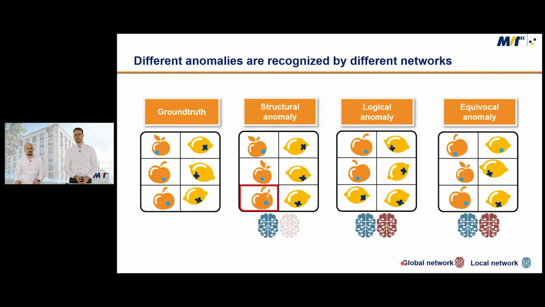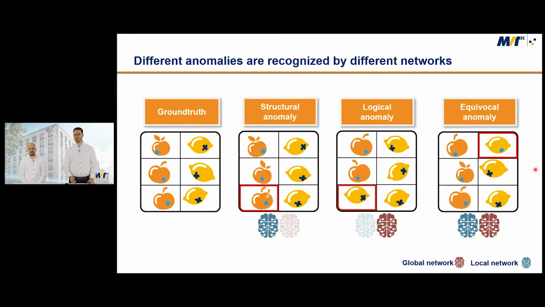If you have logical anomalies, like this lemon on the lower left here, probably the global network would react to this and define this as anomaly. And if you have the equivocal anomalies, like the lemon on the upper right here, which has a wrong label, which is a little bit of structural but also logical, probably both networks would react to this error.